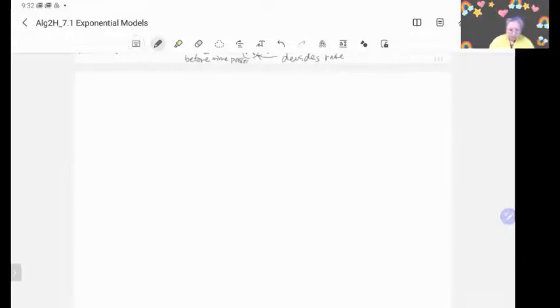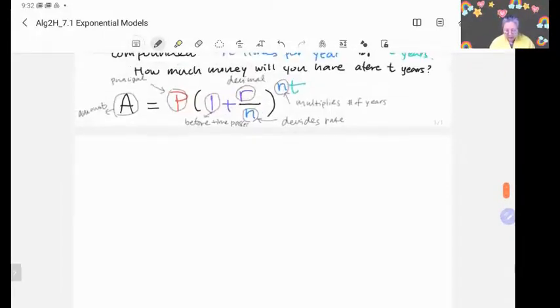Okay, so we focus on the N. N is how many times it happens over a year, right? Then you need to know how to interpret it properly from the context written in the directions first, because you will typically read the context. It says compounded annually or semi-annually or biannually or quarterly or monthly, weekly, daily, even hourly and by the minute, and so on, right?